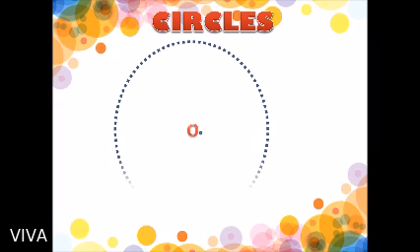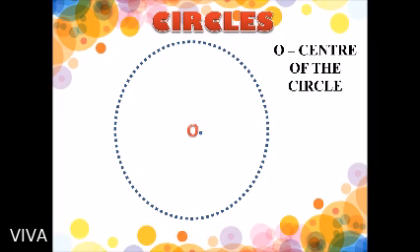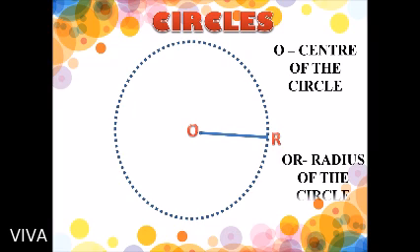Now let us consider a circle with center O and a point R lying on the circle. Let us connect the points O and R. This line segment OR is called the radius of the circle.